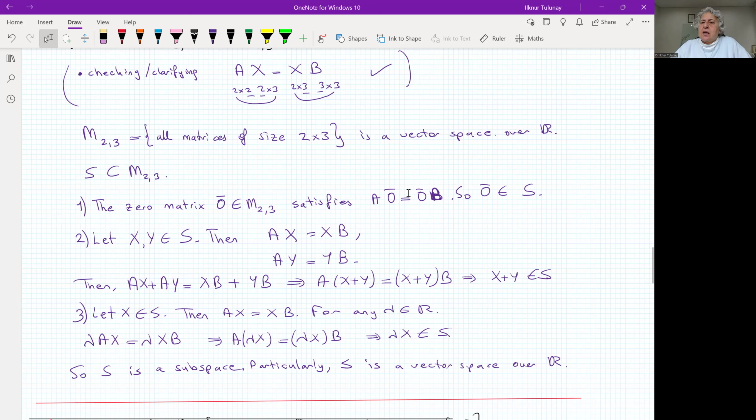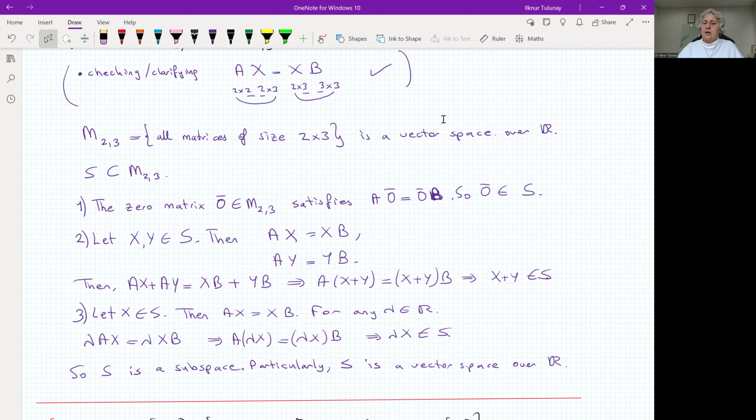So this will be equal because everything will go to 0. This is the 0, 2 by 3, 0. I think it is clear for you. So this 0 is inside of S. Now, the 0 element of the bigger vector space is inside your subset.